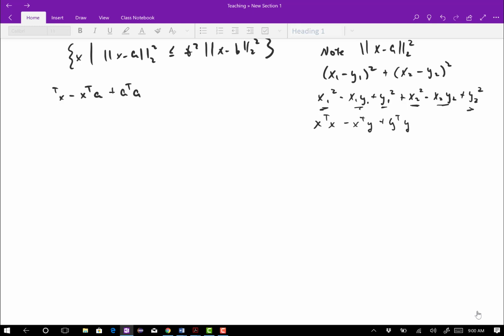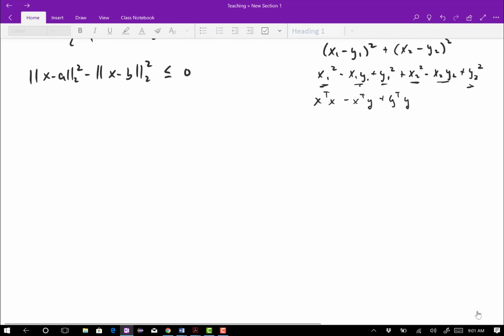Oh, before I do that, first I should say we're going to rewrite the entire expression as the 2 norm of x minus a, squared, minus the 2 norm of x minus b, squared, is less than or equal to 0. So I'm just taking the right-hand side and moving it over to the left, and now I'll begin to rewrite the expression.